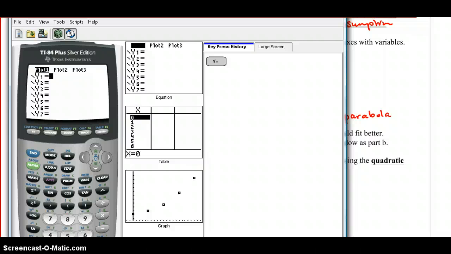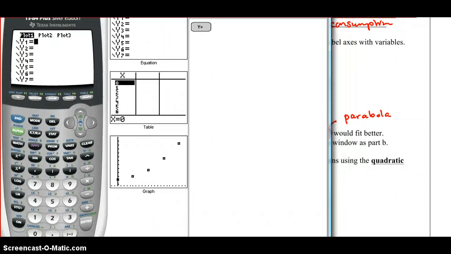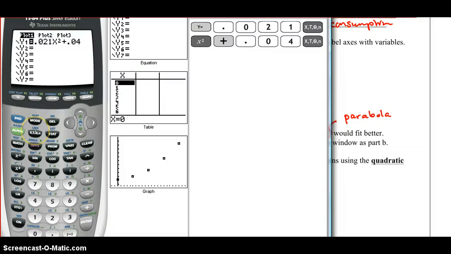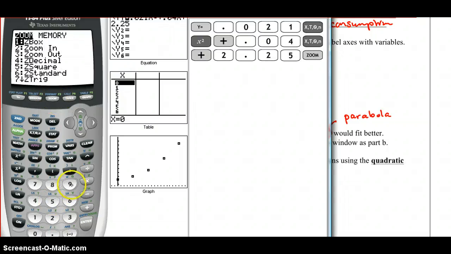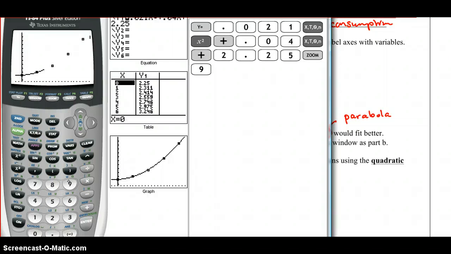So we're going to put in here 0.021 x squared plus 0.04 x plus 2.25. And again, we're going to push zoom 9 for the stat graph piece that was there.